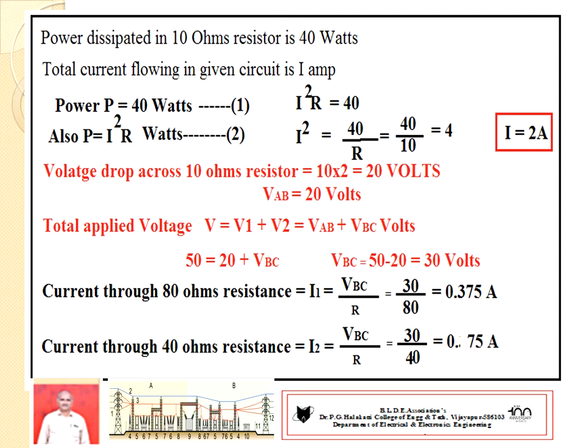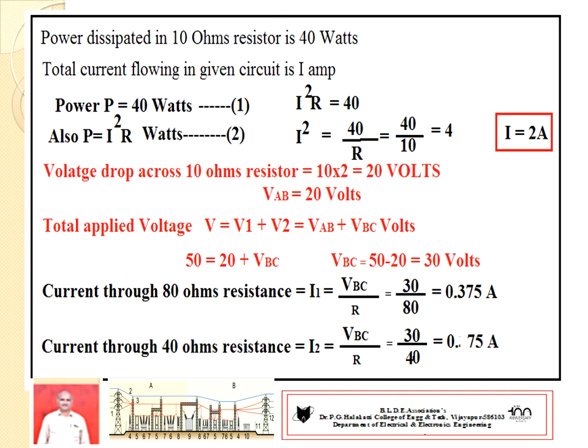VAB is 20 volts. Then it is also possible to calculate the voltage drop across the parallel branch, that is V2 or VBC. Then again same story, total applied voltage equal to the sum of potential drops or sum of voltage drops, V1 plus V2. So VBC becomes 30 volts.